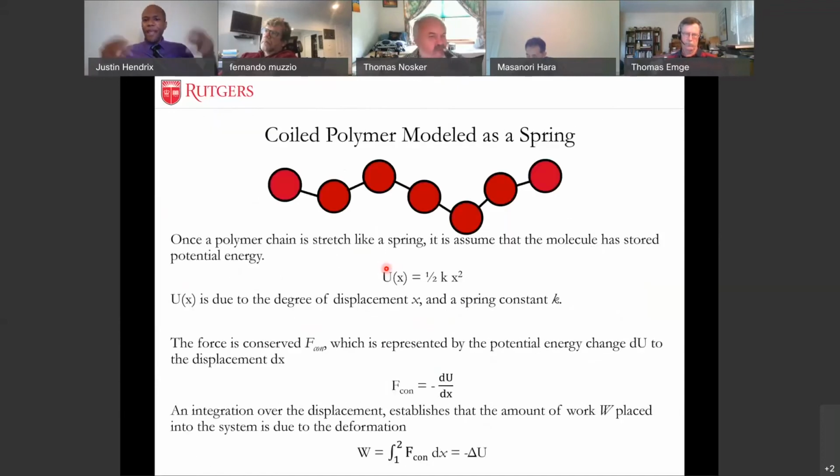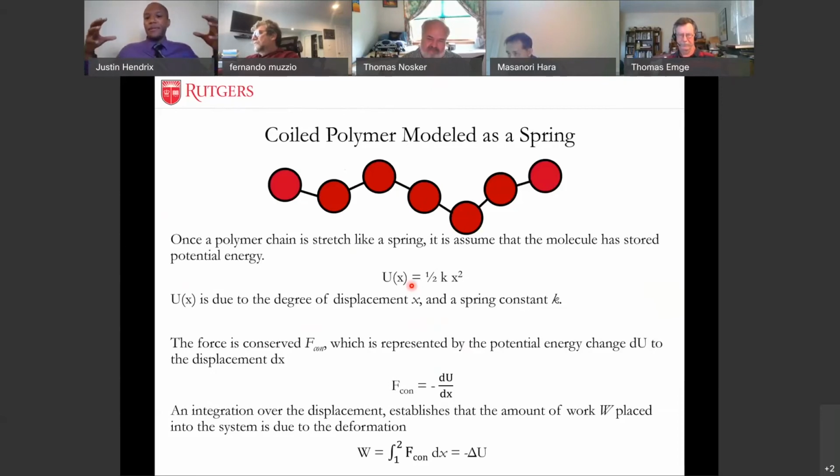Now, I talked about that ball and spring arrangement where you have these balls being your elemental unit, and these springs being how the polymer chains are connected. Now, imagine that they're separated by some x. So it's unstrained, and so it has some type of displacement, and in between each ball, a spring having a spring constant. If you were to stretch that out, there would be a change in your potential energy under some type of displacement.